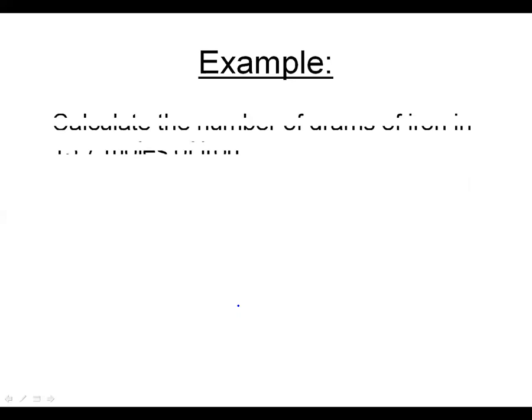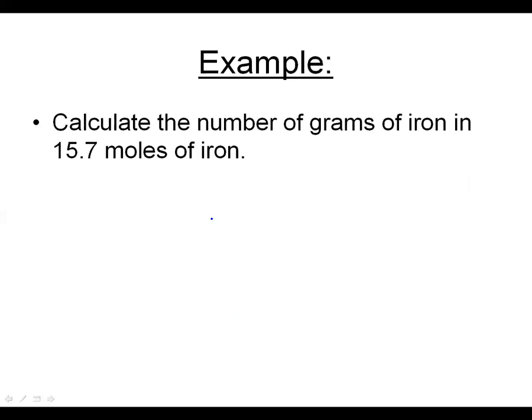So let's take a look at an example here. We want to calculate the number of grams of iron in 15.7 moles of iron. So again, what we want to think about is, do we need Avogadro's number?